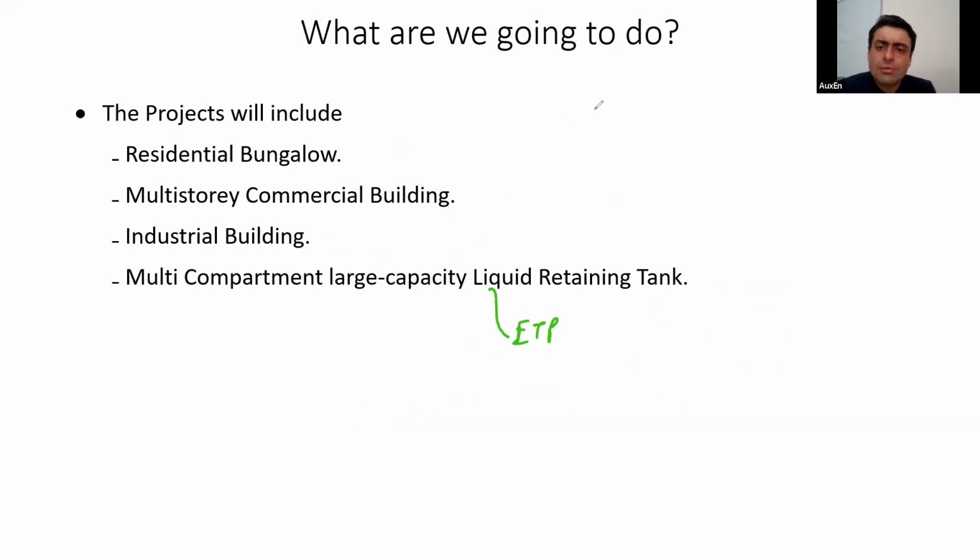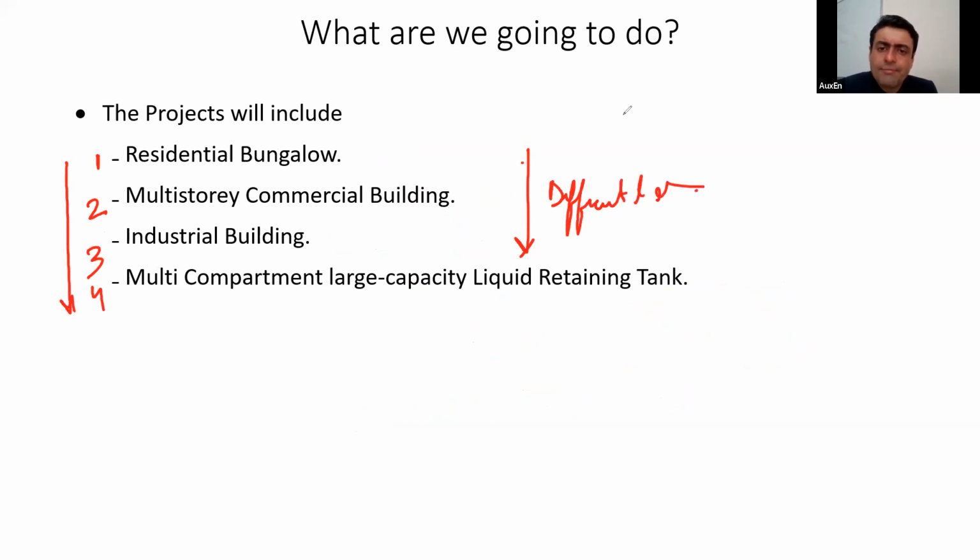So in this way, we would be doing these four projects. The order of doing these projects would be 1, 2, 3, and 4. So I have taken them in this order. It does not mean that the difficulty level is also in this order. You should not confuse it this way, that as I am taking the projects in this order, this is going to be the difficulty level. That is not going to be the case. Every project is going to be equally challenging for us.